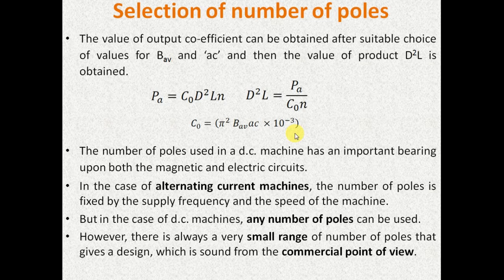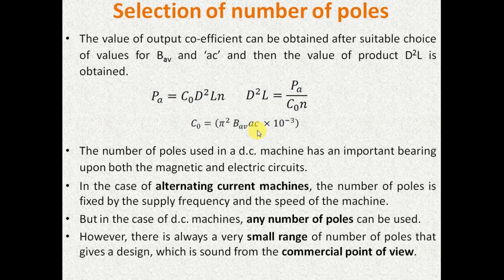In the case of lap wound machines, this number of parallel paths is determined by the number of poles. Therefore, the specific electric loading also has dependency over the number of poles. Therefore, we can make a conclusive statement that the number of poles used in a DC machine has dependency both over the magnetic circuit as well as the electric circuit.